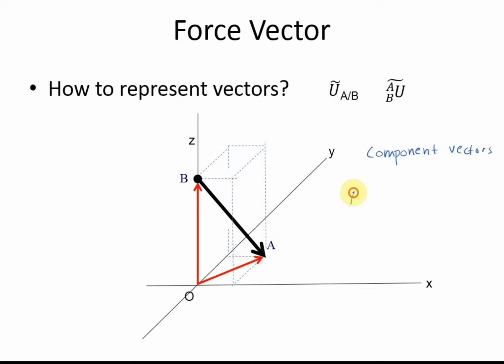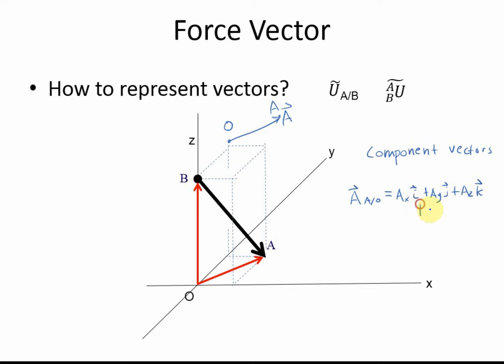So let's say we have a vector in space like that, pointing to A. So we just call this vector a, which points from O. Then this vector a can be broken into x, y, z components. So which means this one has an x component, y component, and z component like that.